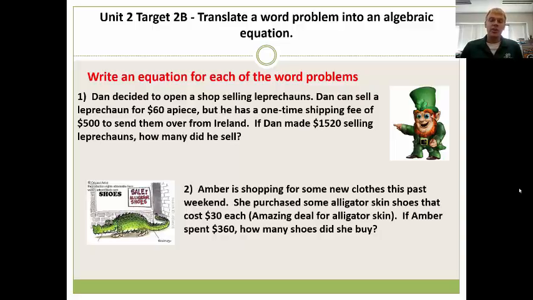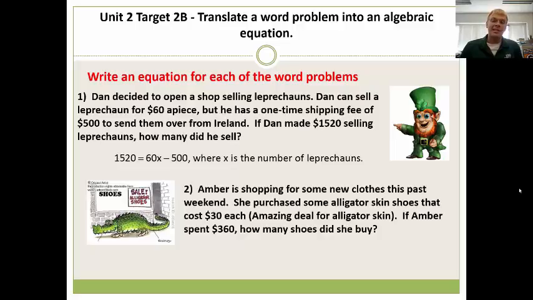Well, to figure this out, we can write an equation. We can see that 1,520 is the total, so that goes on one side of the equation by itself. Now, for every leprechaun he sells, which is an unknown amount, so that's why it's a variable there, you can see X, we made the number of leprechauns X, he makes $60. So his profit is 60 times the number of leprechauns he sells, or X. But it does cost him $500 to have that shipment of leprechauns sent over to him, right?